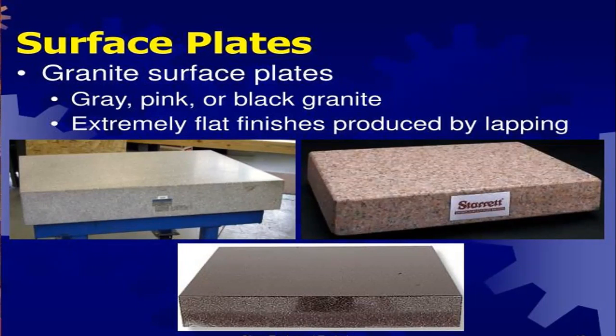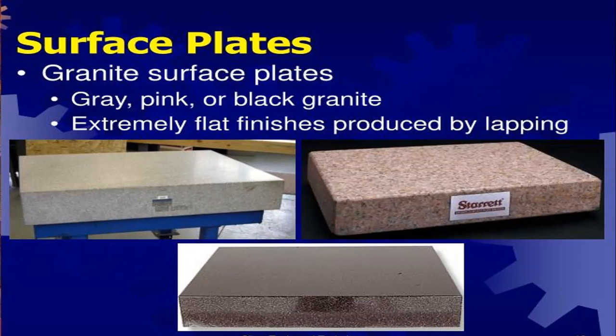These three types of surface plates are extremely flat, and the product is finished by lapping. Lapping means rubbing the surface of the object, so it is called lapping. It is lapped over rollers or any other thing, so it has an extremely flat finish.